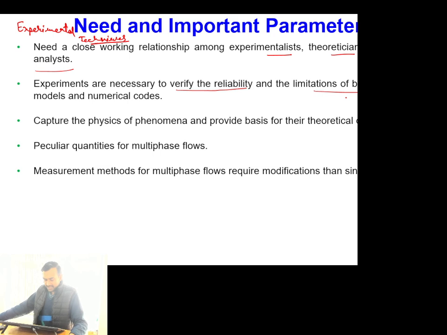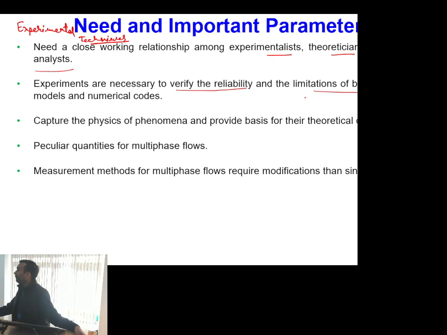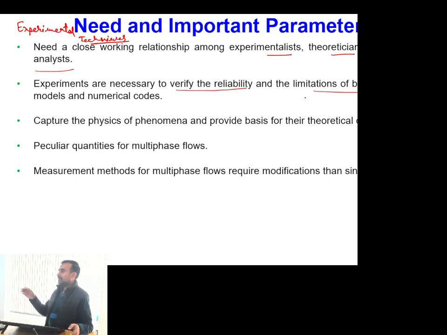Whenever we deal with multi-phase flow, we have the presence of many peculiar quantities. For example, in single phase pipe flow, we have no presence of the interface. But in case of multi-phase flow we may have the presence of the other surrounding medium, and that may be present in any way: it can be a well separated flow, it can be a fully dispersed flow, or a mixed combination, where part of the pipe is well separated and part of the pipe is dispersed.